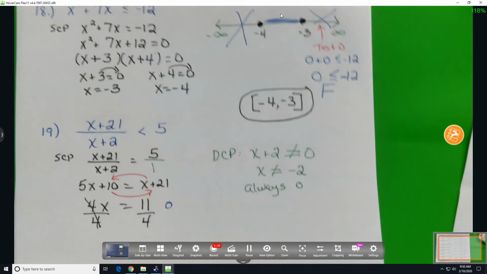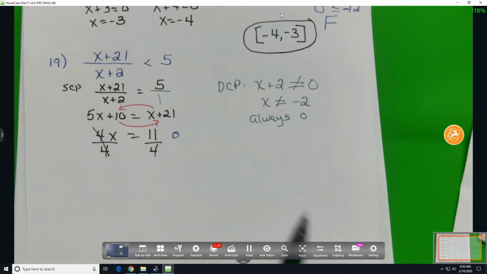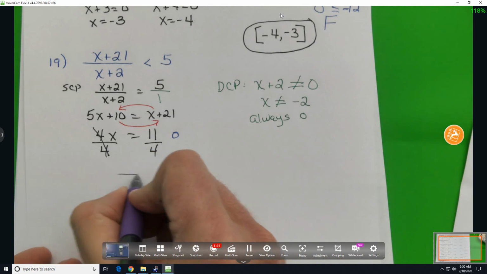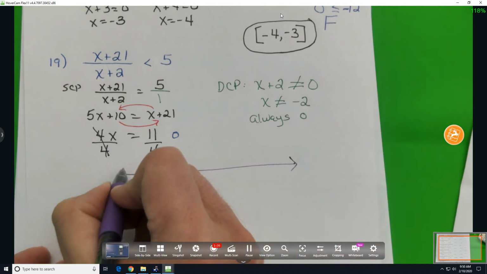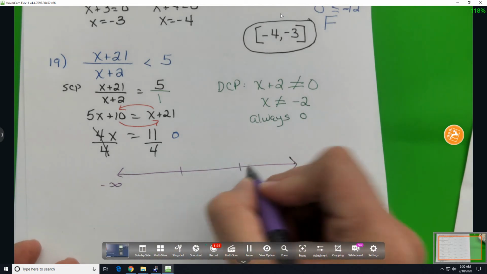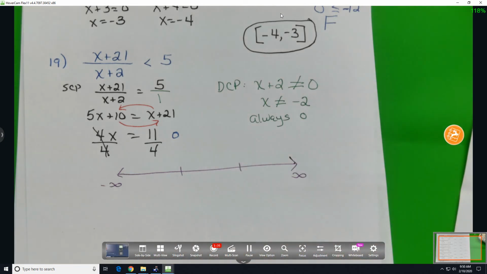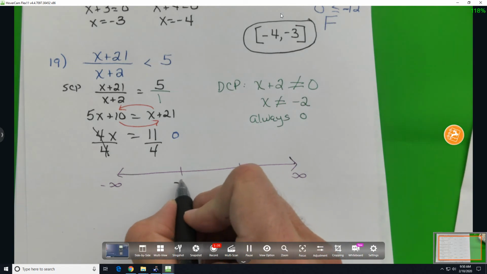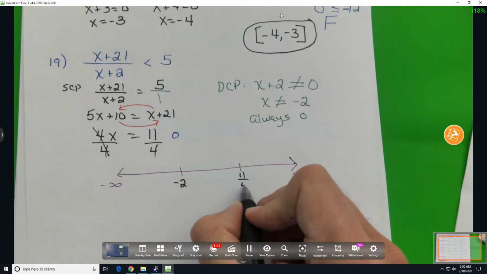Now, let's see. I'll draw my number line. Oh, wow. Oh, wait, actually, this isn't hard to label, is it? Why do I say that? Well, the negative's always going to be on the left of the positive.